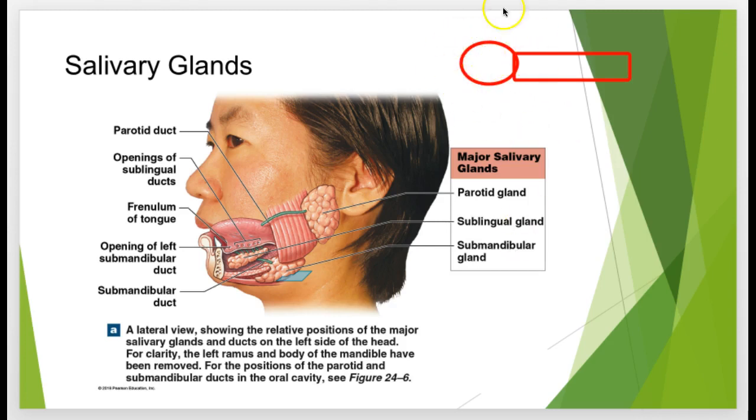The circle is what we call acini. They're what secrete our proteins, our enzymes, right? Our ducts, which is like this tube, secrete our electrolytes and our water. So pretty much bicarbonate and water.